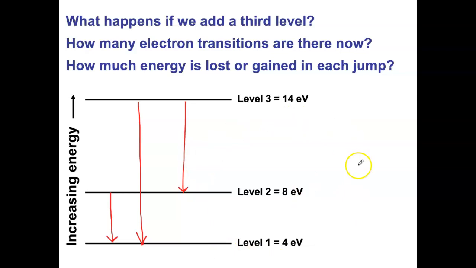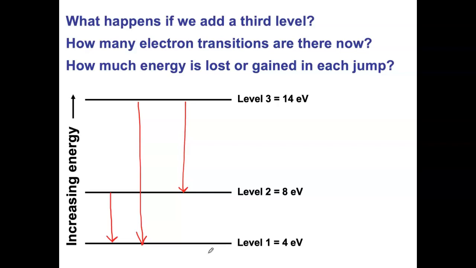So if I take these atoms, I heat up the gas, the atoms collide with each other, and the electrons jump up to level 2 or level 3, and then the electrons drop back down, and those electrons are going to emit light. But this light is not going to be like a continuous spectrum. This light is not going to give you all the colors of the rainbow.